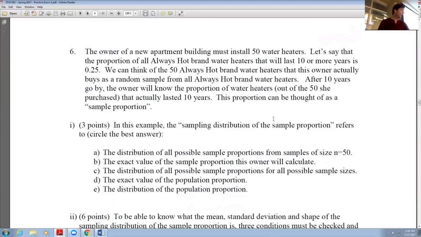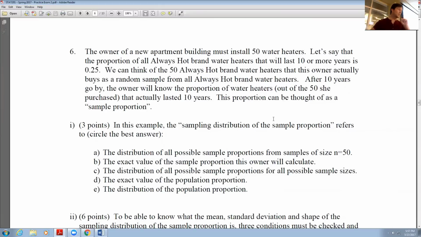The owner of a new apartment building must install 50 water heaters. Let's say that the proportion of all Always Hot brand water heaters that will last 10 or more years is 25%. We can think of the 50 Always Hot brand water heaters that this owner actually buys as a random sample. So he's getting these randomly.